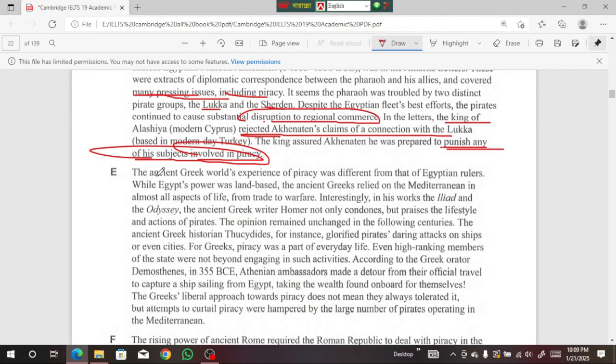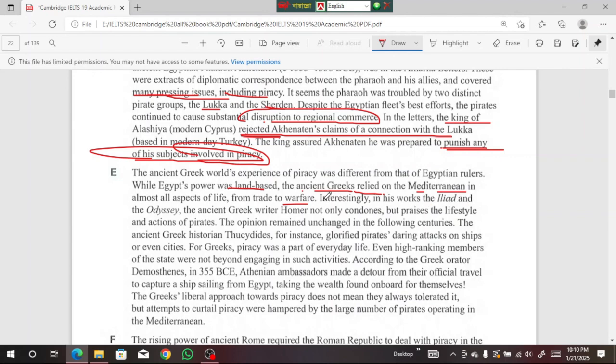Paragraph E. The ancient Greeks experienced piracy differently from the Egyptian rulers. While Egyptian power was land-based, the ancient Greeks relied on the maritime aspect of life, their warfare.